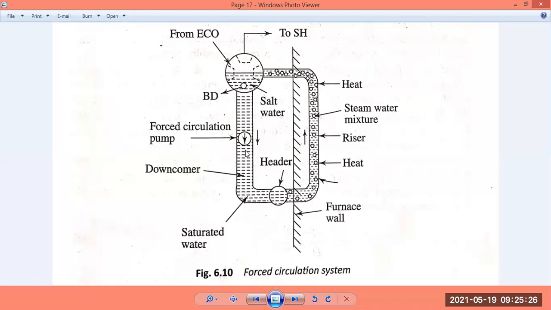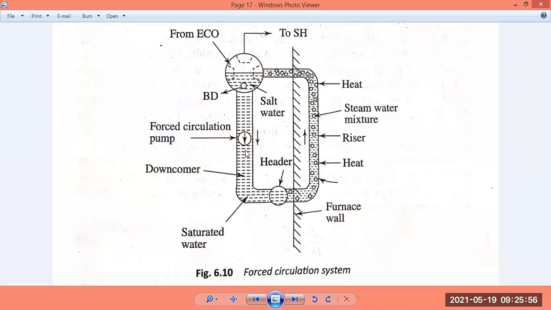But it may so happen that both downcomers and risers are placed in the furnace itself and both are heated at a time, with more or less the same amount of heat being absorbed by both of them, or the same temperature being raised inside the fluid of both the carrying tubes. This density difference will be very less and it will not ensure the movement, so you have to use certain artificial means of running it.